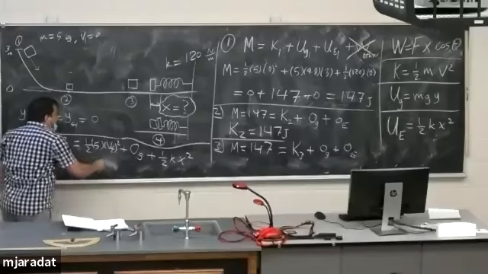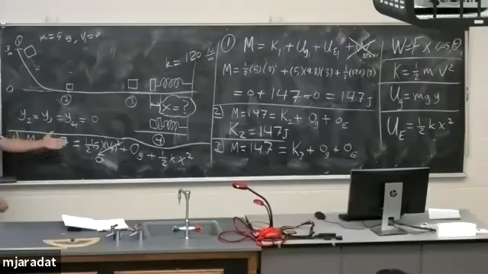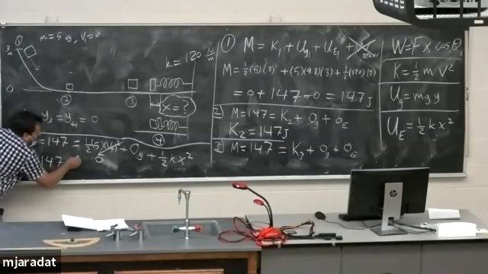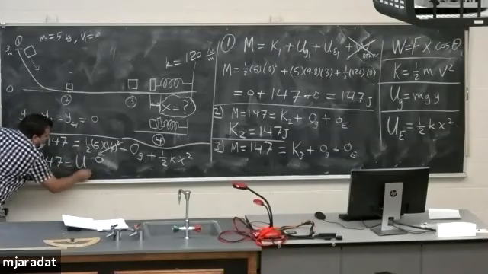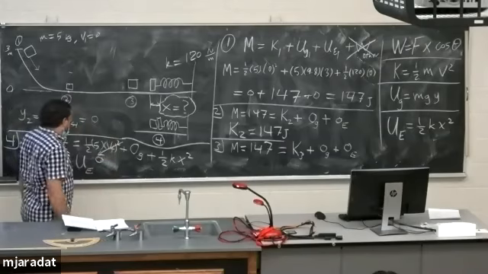But at the maximum distance, this is 0. So the kinetic energy at 4 is equal to 0. So all of our mechanical energy is equal to the elastic potential energy. Now it is equal to 147. What is the X? Yes, Alan.